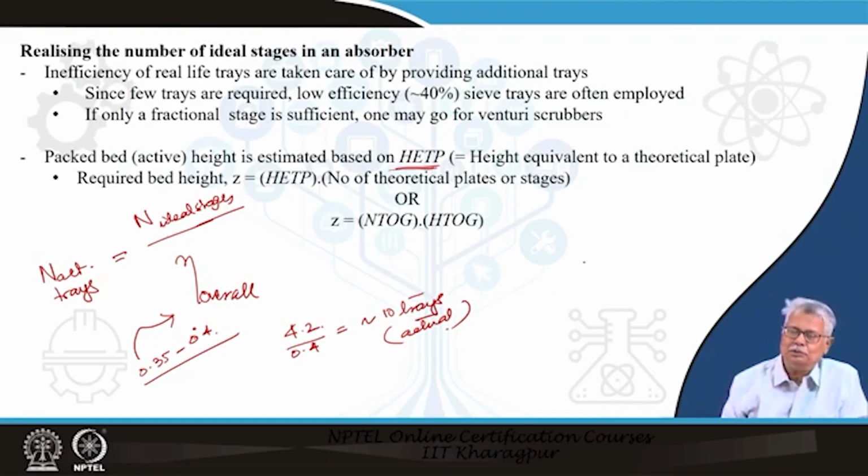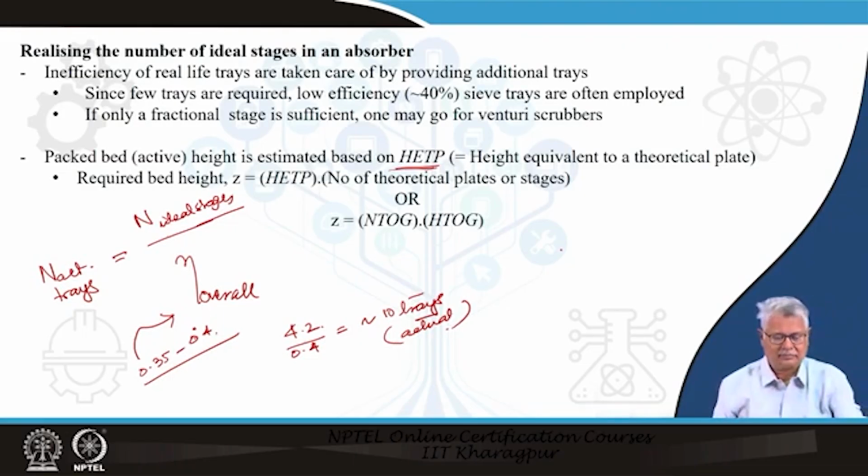We know 4.2 in this case has been the total number of ideal stages. So my depth of packing should be 4.2 times HETP. Now remember, this already has the cushion of HETP because it's the height of the real packing, the active packing length for the transfer.